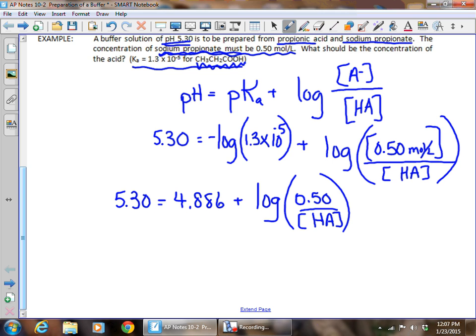So now what I want to do is subtract 4.886 from both sides. And I end up with 0.414 on this side equal to the log of 0.5 over the concentration of HA.